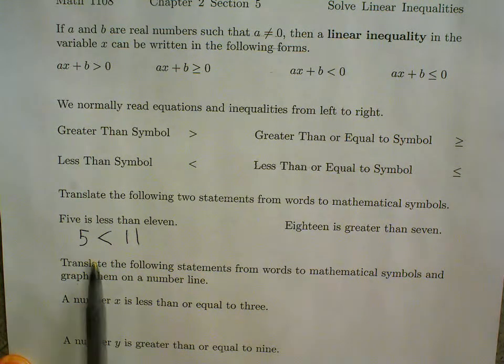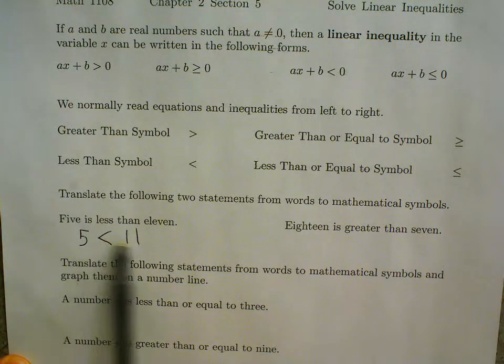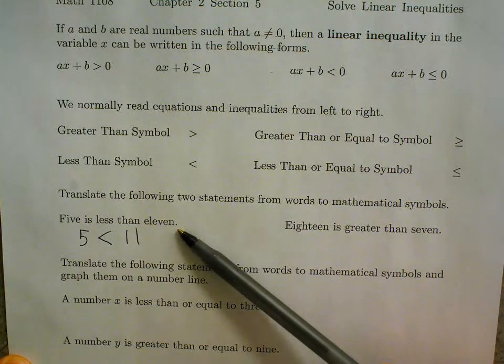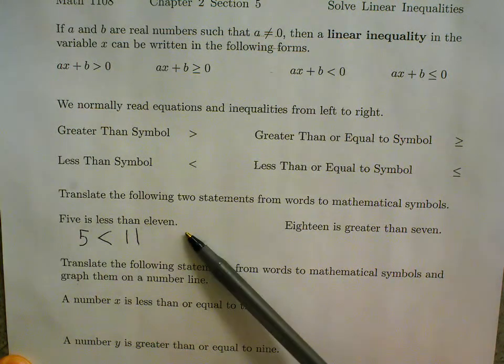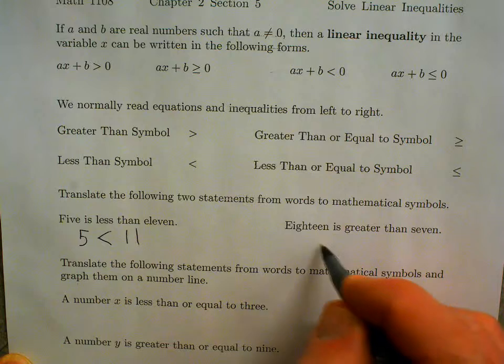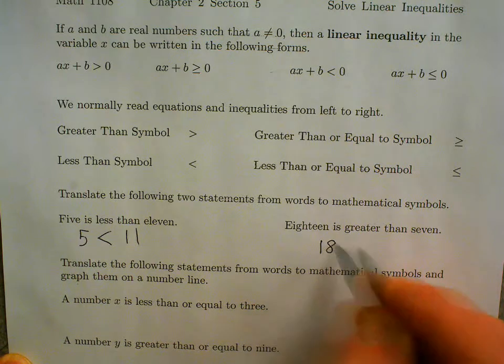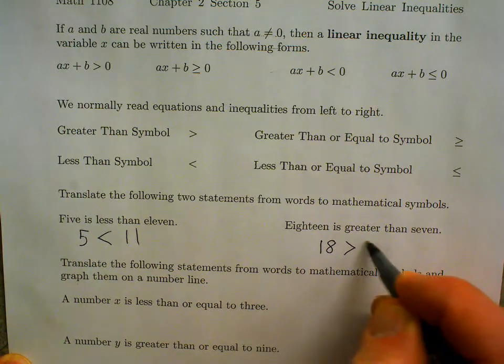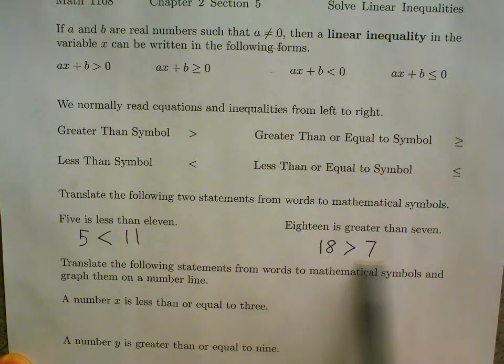You will probably agree with me that writing 5 less than 11 in symbols is more efficient than writing it all out in words. The next one, 18 is greater than 7. So write 18 on the left, the greater than symbol, and then 7. 18 is greater than 7.